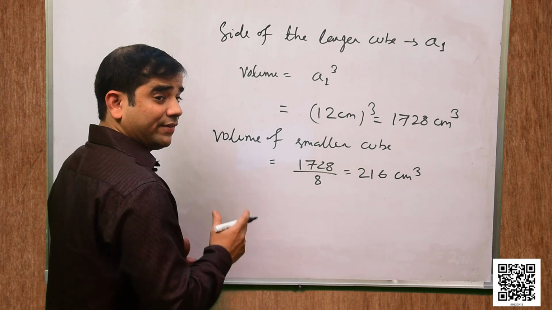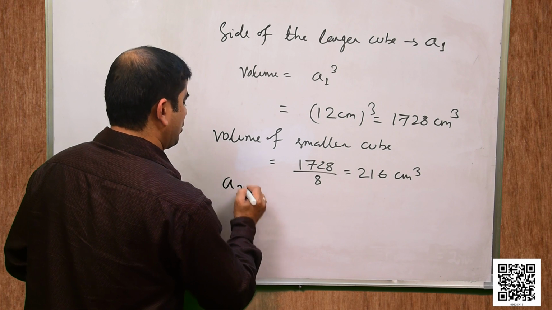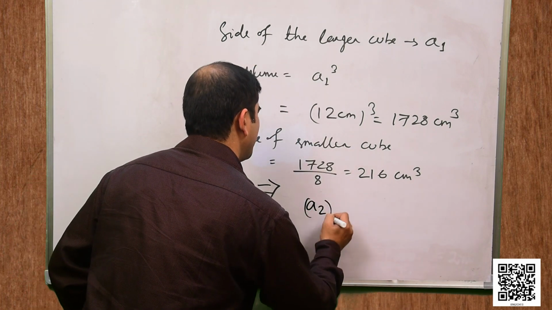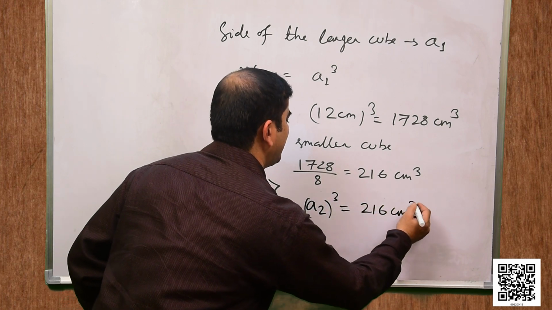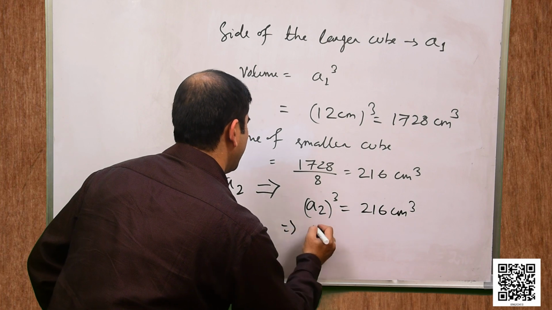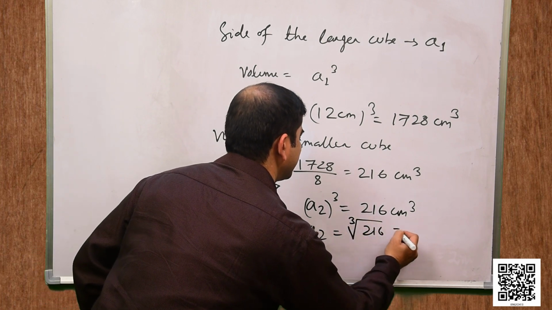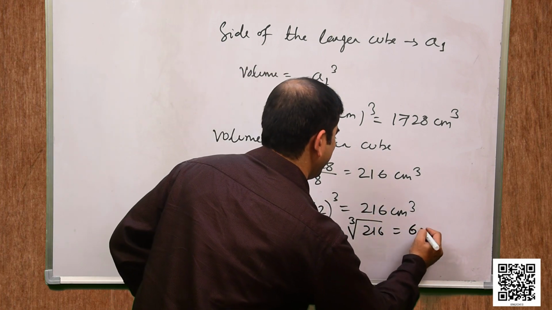So, if the edge of the smaller cube is taken as A2, we have found that A2 cube is equal to 216 centimeter cube. That means A2 is equal to cube root of 216, that is equal to 6 centimeter.